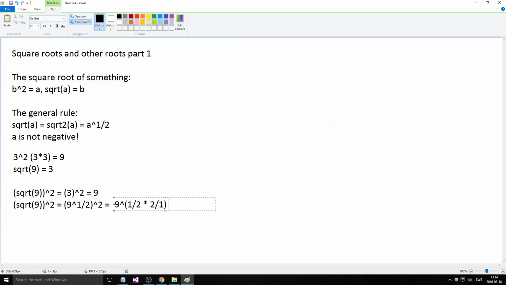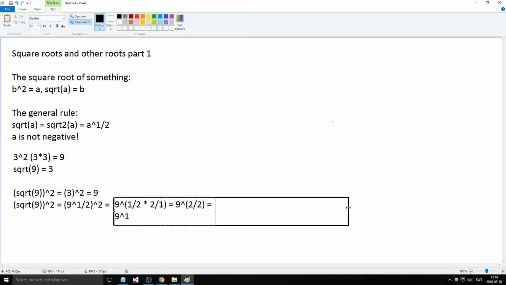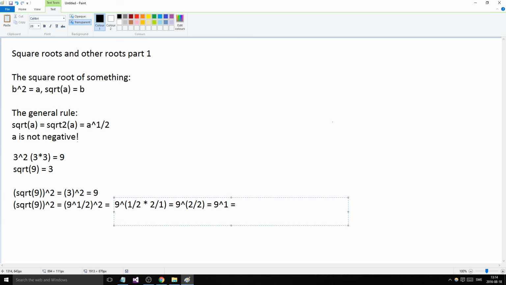This is fraction multiplication. So that would give us 9 to the power of 2 by 2, right? And what is 2 by 2? It's 1. So 9 to the power of 1, which gives us 9 as well. So if you watch my exponents and fractions videos, you'll see how this all comes together here. So that gives us 9. That's why this works.